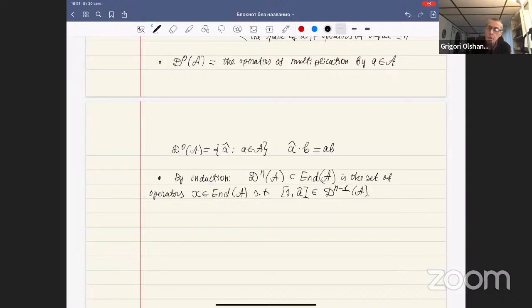So by recurrence, we define this. This is the general and abstract definition, and an exercise is to prove that for the algebra of polynomials, this is exactly the algebra of differential operators which we discussed above.